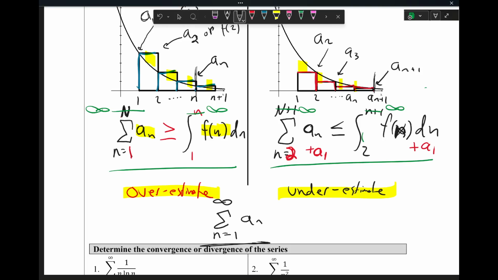So this is what we generally work with. But over here, it's greater than or equal to this. So I'm going to try to write this as a compound statement. I'm using this one right now. This is greater than or equal to integrating from 1 to infinity of f of n dn.